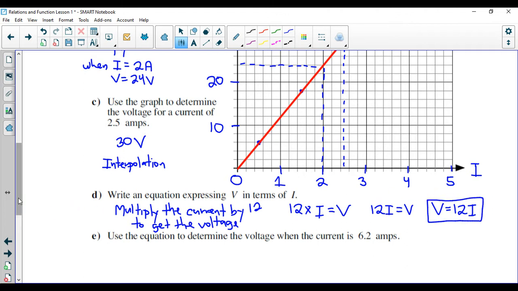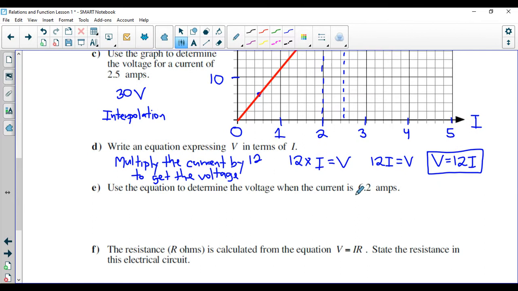Okay, now it says use the equation to determine the voltage when the current is 6.2 amps. So what I want to do is plug into that equation I is 6.2. Okay, so my equation is V is equal to 12 times I, and I'm going to replace the I with 6.2.